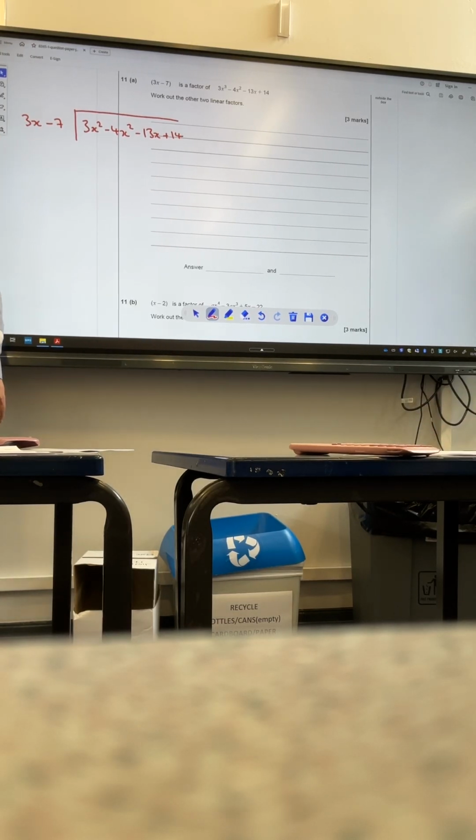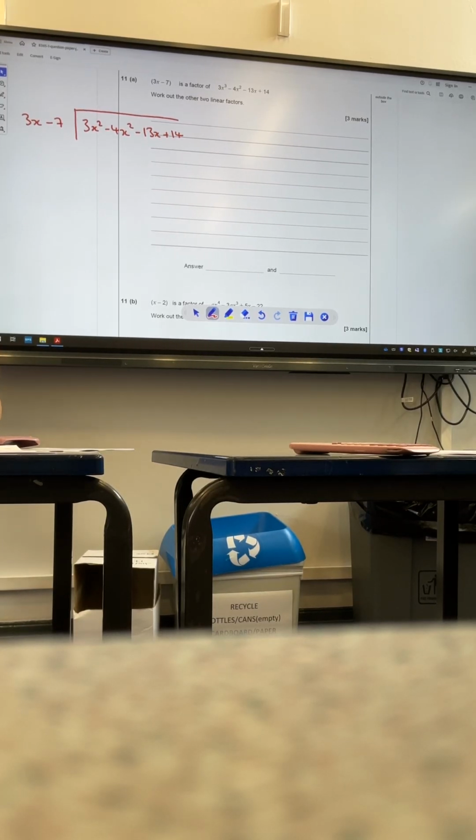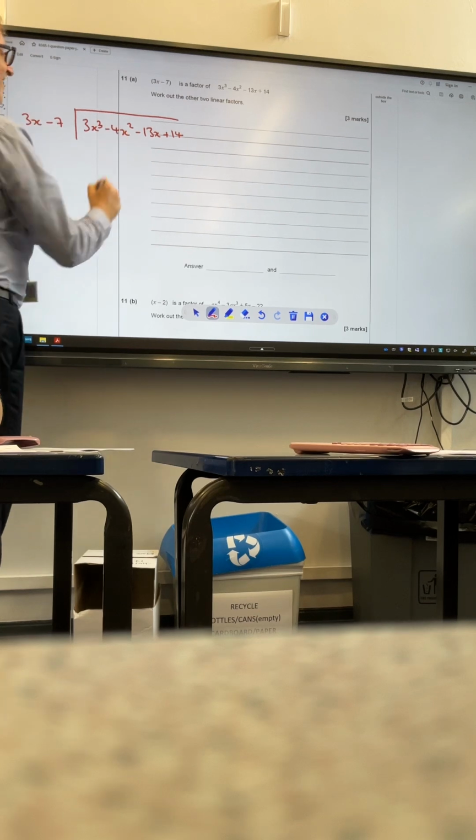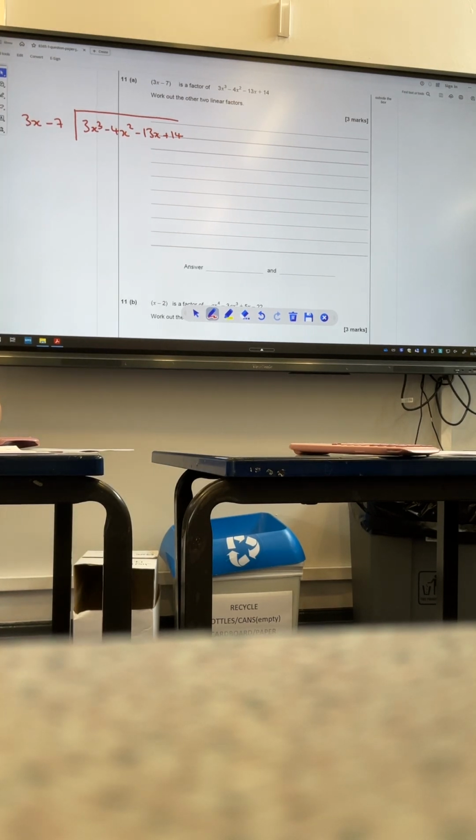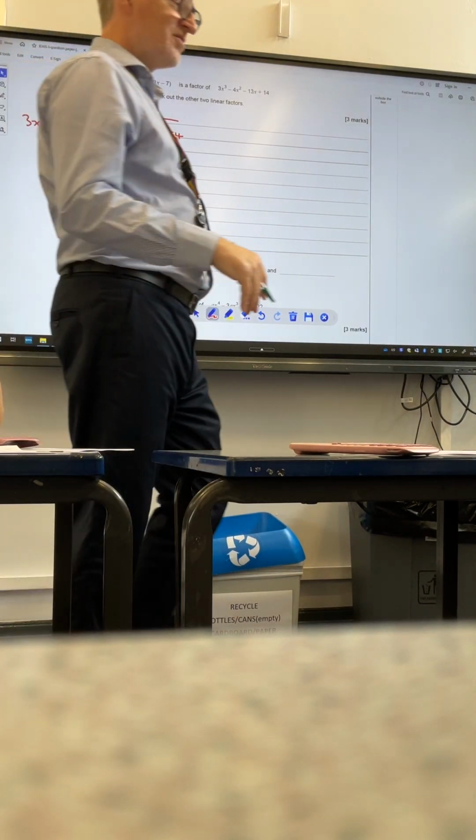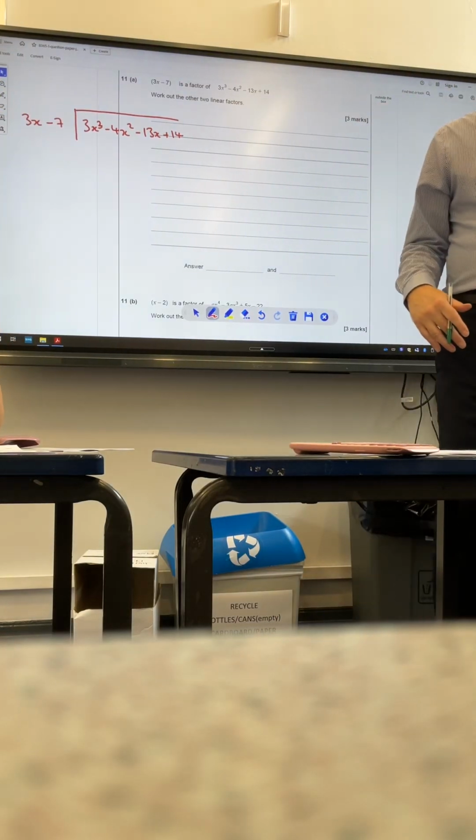Can I do a numerical one alongside it so you can see what's happening? Does that have to be 3x cubed? Yes, it is. Thank you. Sorry. Right, so let me do a numerical one so you can see what's going on.